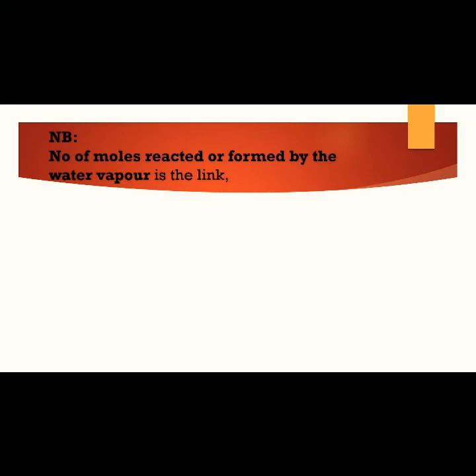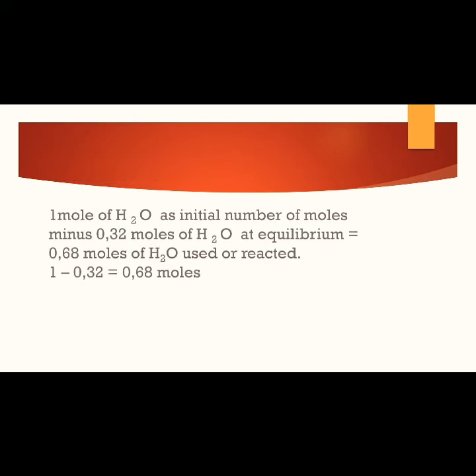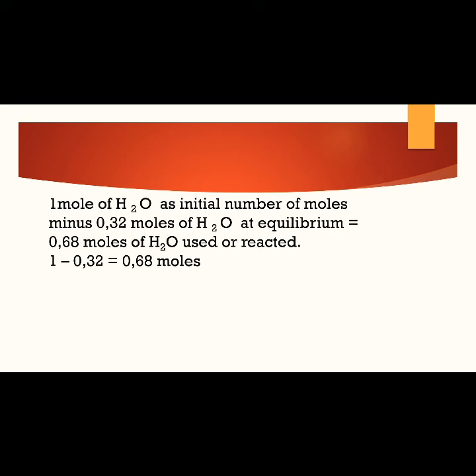Think of the chess game. 1 mole of water as initial number of moles minus 0.32 moles of water at equilibrium will give you 0.68 moles of water used or reacted.